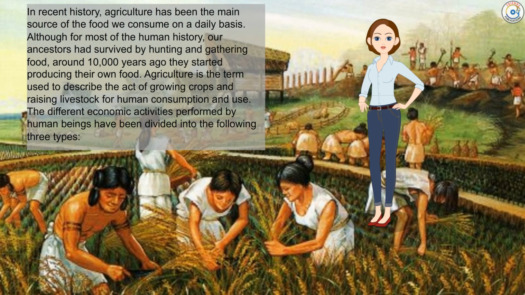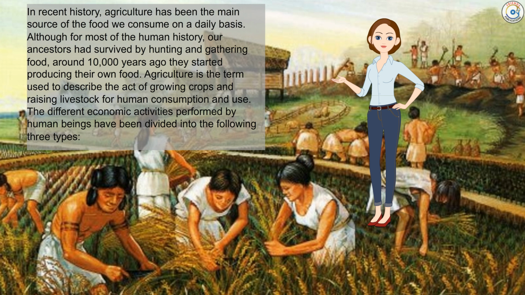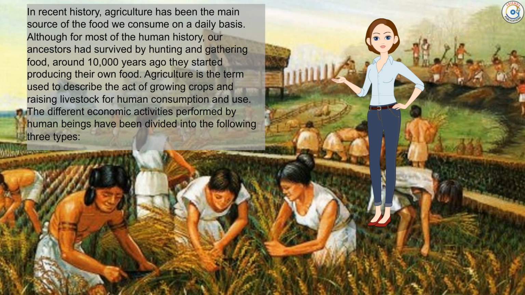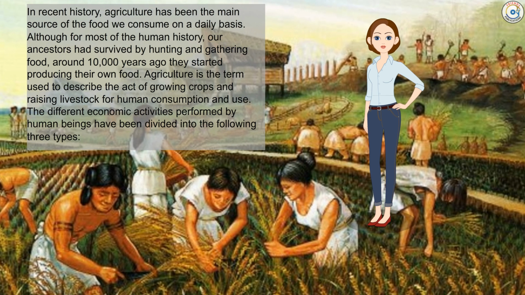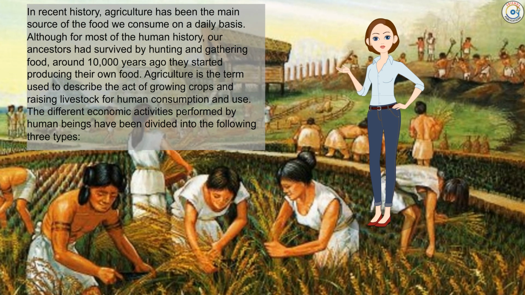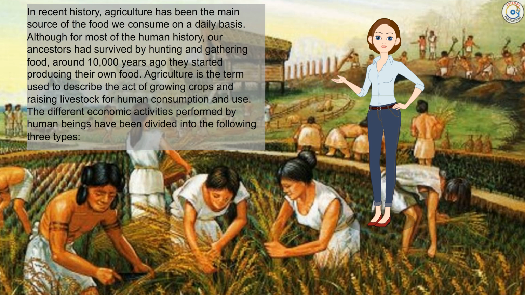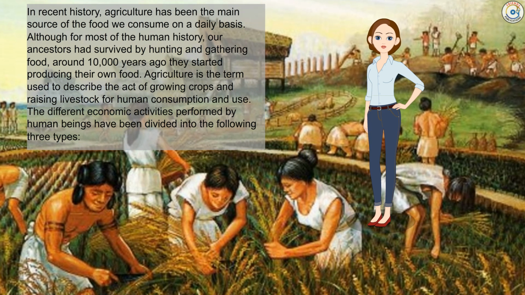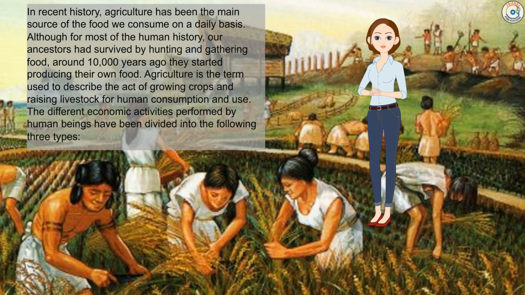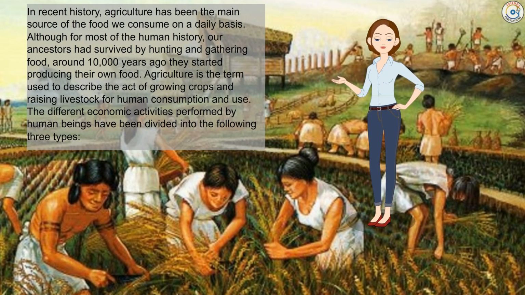Although for most of human history our ancestors had survived by hunting and gathering food, around 10,000 years ago they started producing their own food. Agriculture is the term used to describe the act of growing crops and raising livestock for human consumption and use.